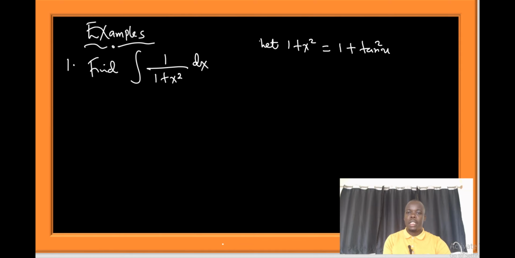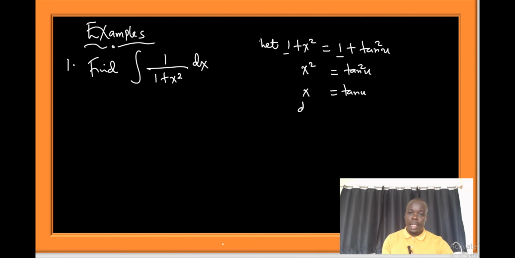Remember, the constant term here is 1, and I maintained it here, and I've also maintained it as the coefficient of tan squared of u. When you compare, you realize that x squared will be the same as tan squared of u. Therefore, when you take the square root on both sides, x becomes tan of u.